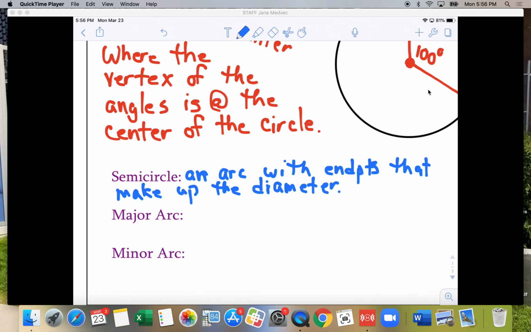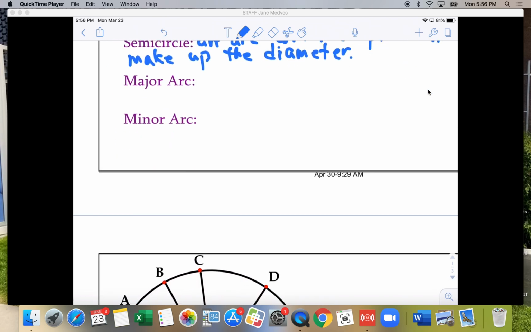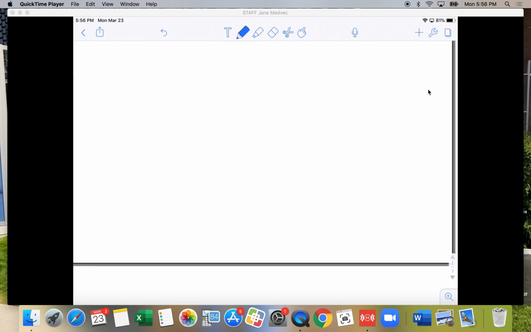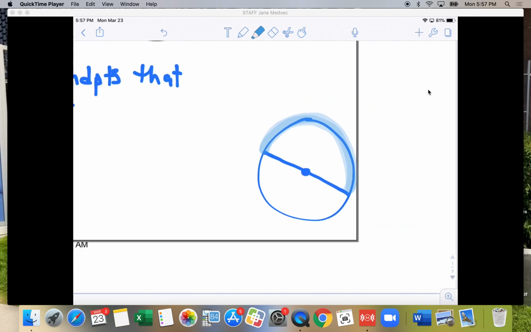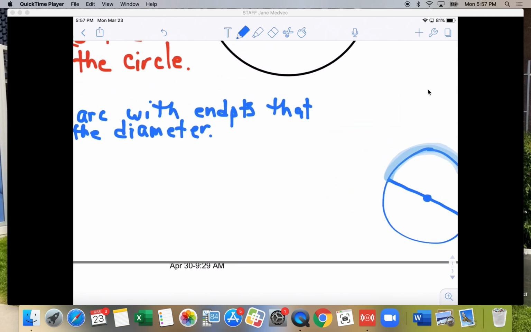As an example, if I draw a picture of a circle, here's my circle, here's the center of my circle, and here's the diameter. A semicircle is the arc that goes with the diameter. It can be up above or down below. It doesn't really matter. A semicircle is always 180 degrees.